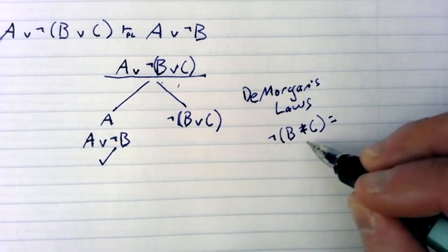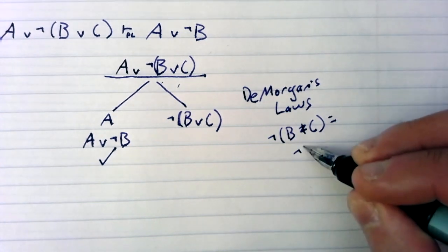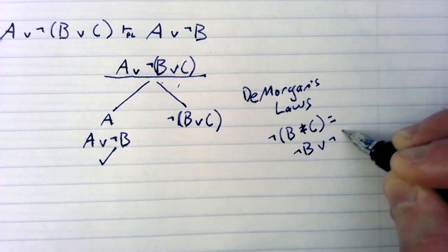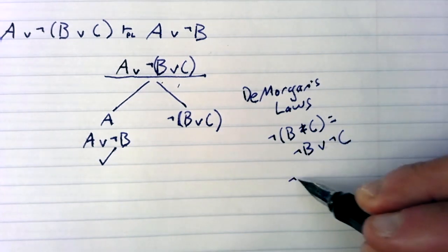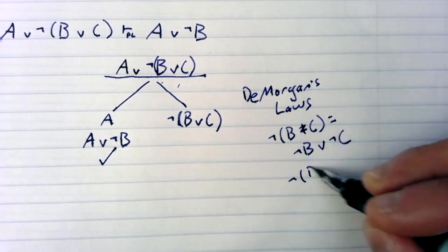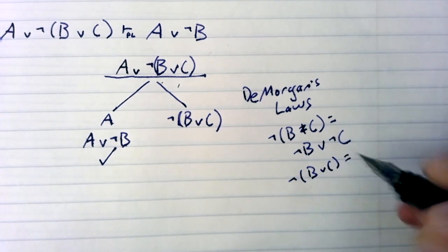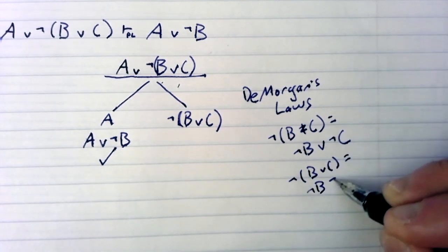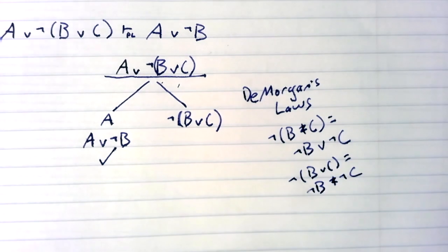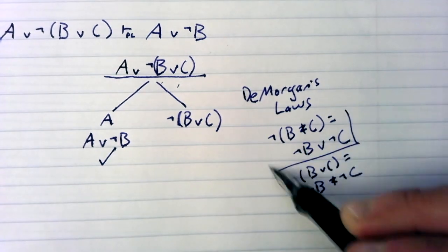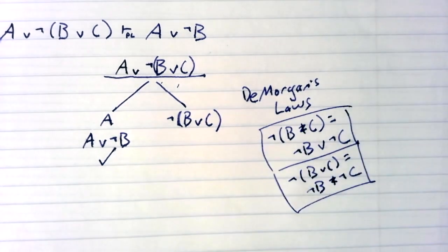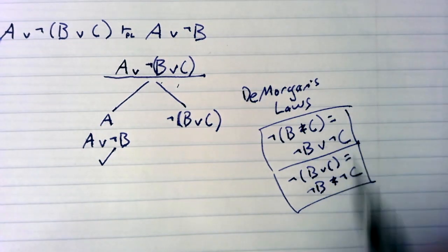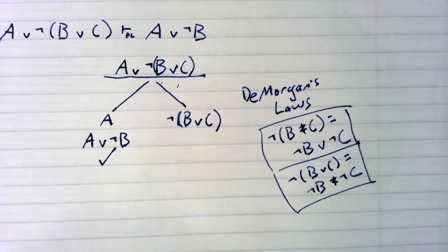On the one hand, it is not the case that B and C equals not B or not C. And it is not the case that B or C equals not B and not C. Those are the two versions, both equally true, of De Morgan's laws, named for a logician of the 19th century. I believe the 19th century. My apologies for a temporary lapse in logical history.